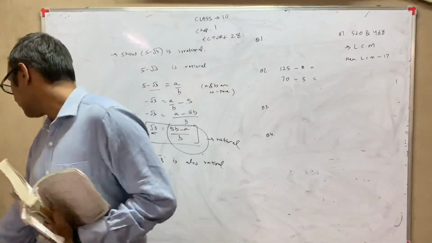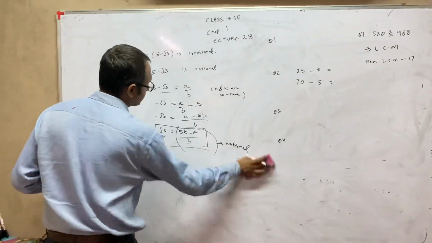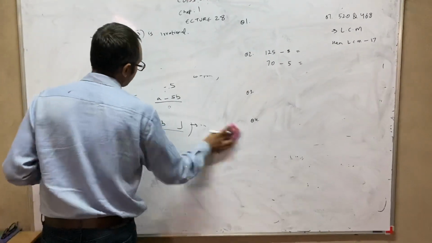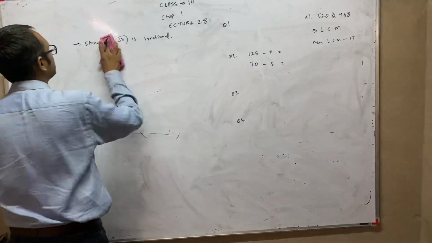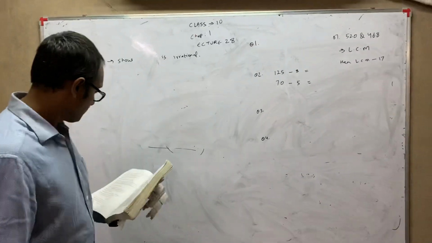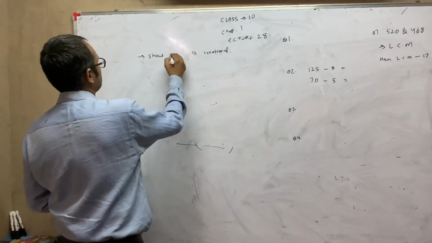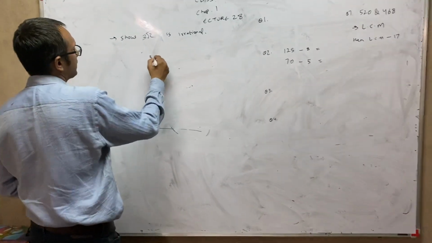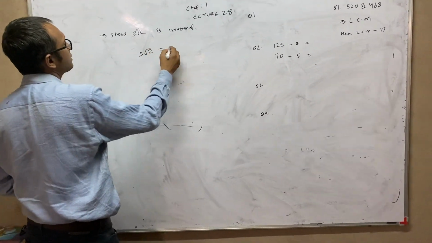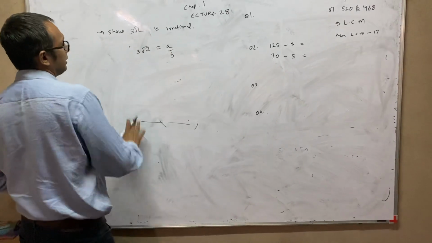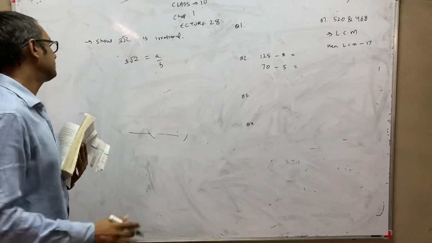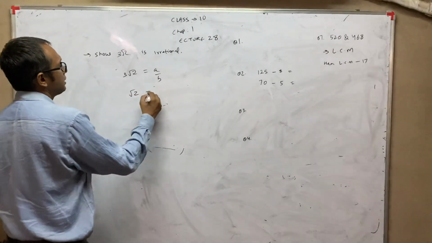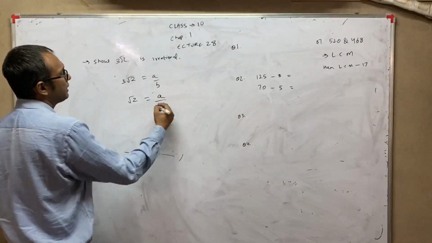The other type of same sum is there, and that sum is done even faster. It is: prove, say, 3 root 2 is irrational. In this also first step same, let it be rational, and then 3 root 2 is equal to a by b. And here again keeping the root term on one side, so root 2 is equal to a upon 3b.